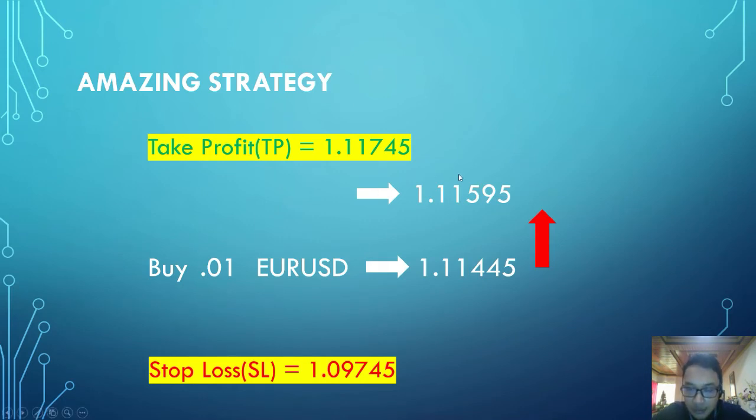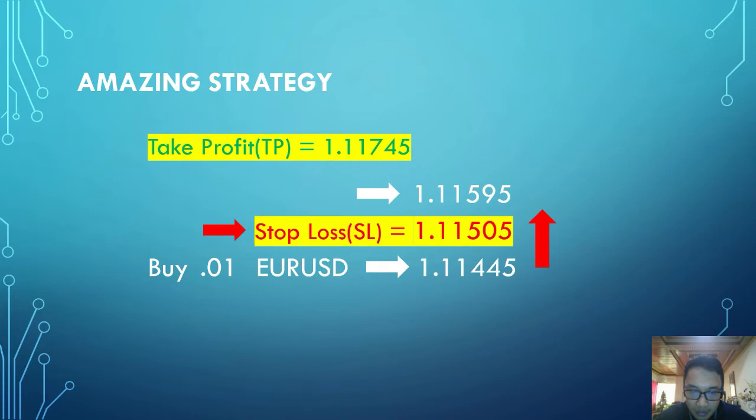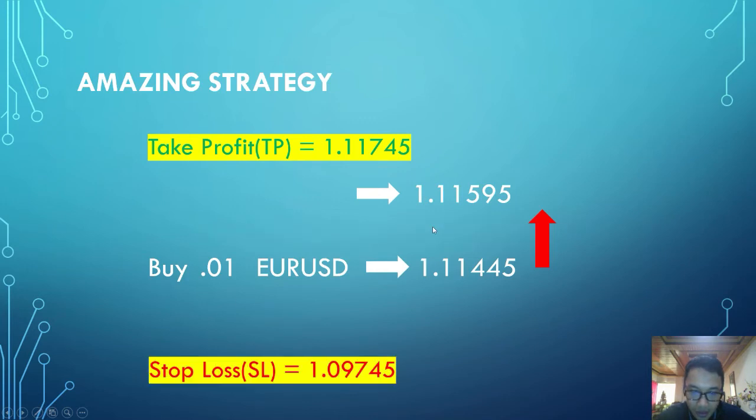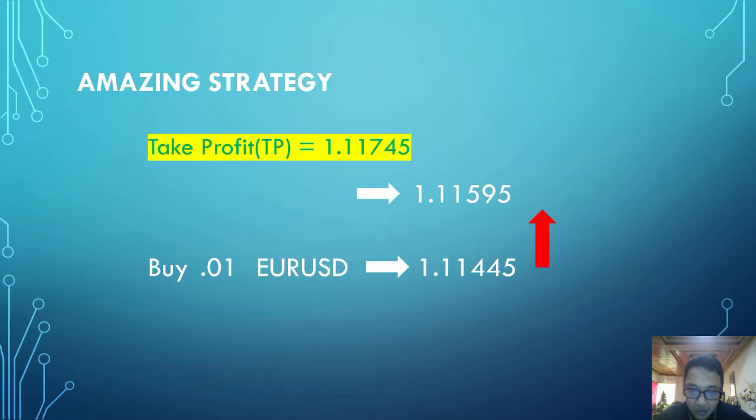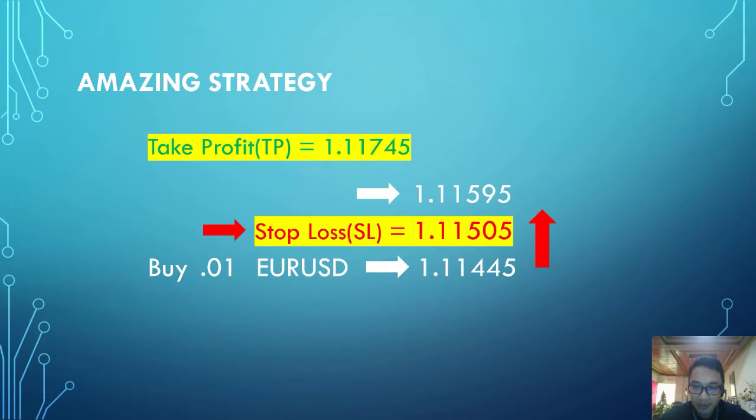When the price reaches this, usually the robot changes the stop loss to higher than your order and lower than the current price. So the stop loss would be moved from 1.09745 to 1.11505.